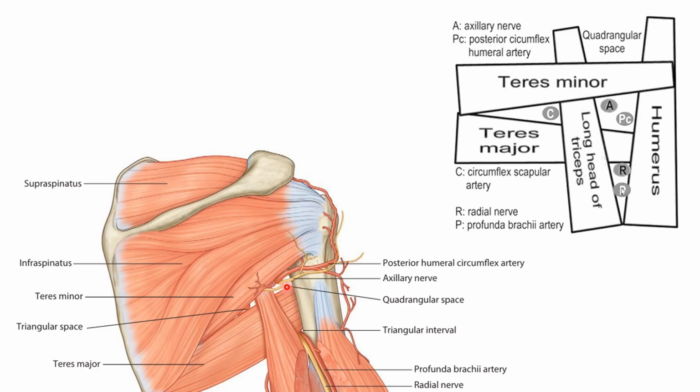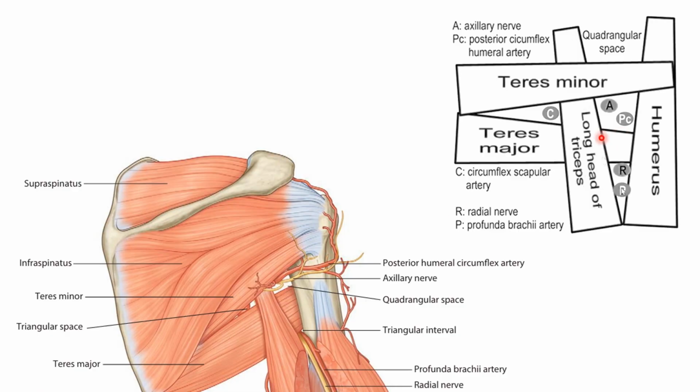Axillary nerve damage in this area leads to deltoid paralysis. So it leads to weak abduction, because the deltoid's main function is abduction 15 to 90 degrees, and the axillary nerve also supplies sensation to the shoulder region, so there is sensory loss in the shoulder region.